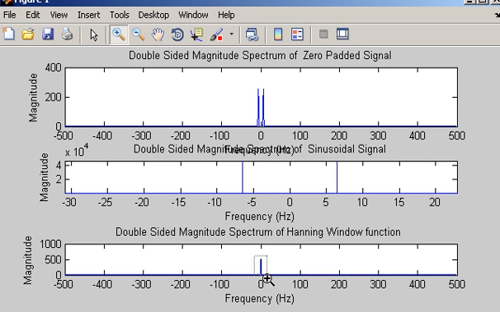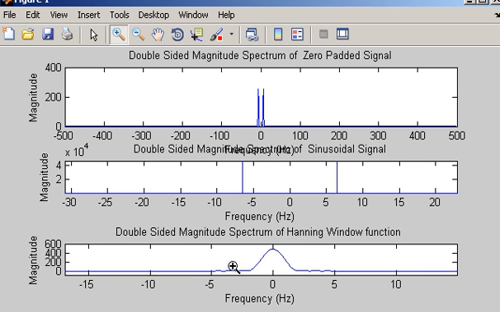Now we can see that the spectral shape of the Hanning window has this shape here, and we can see it's got a wide main lobe and very small side lobes. And if I zoom in at the very top here again, what's happened is in the frequency domain this middle waveform has been convolved with this bottom waveform, which basically results in this bottom waveform being repeated at each of the locations of the spikes. So if I zoom in here, I should see this spectral shape being repeated at 2 locations.